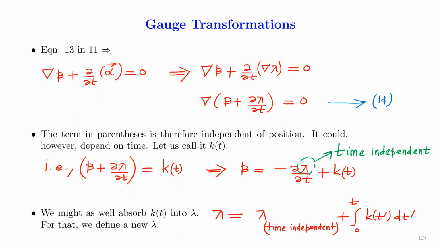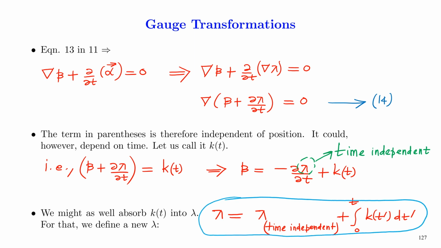As a recheck, if you substitute this lambda into this equation, you will find that beta equals negative of dou lambda by dou t plus k(t). So in the new lambda, that is lambda time independent plus the integral from 0 to t of k(t prime) dt prime, we have absorbed the time dependent factor k(t).